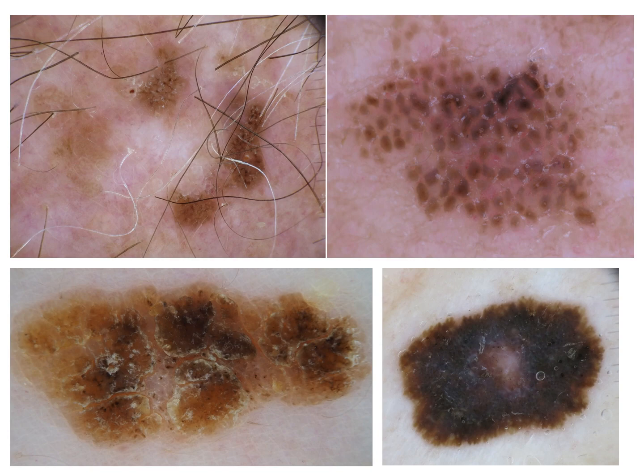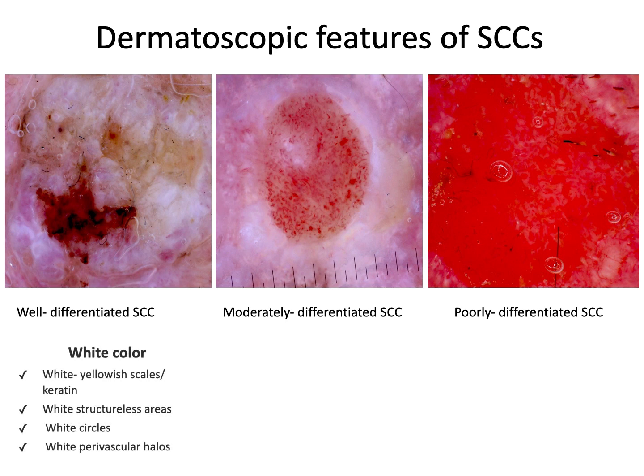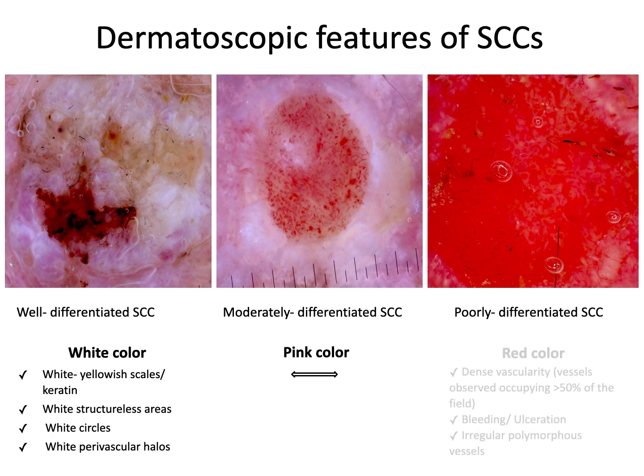However, non-typical cases do exist, including the few subtypes mentioned before, and unusual patterns of SEBKs have been described that may in fact mimic malignancies such as melanoma, basal cell carcinoma, and squamous cell carcinoma. Correspondingly, the dermatoscopic features of invasive SCCs have also been well described, and they mainly depend on the grade of histopathological differentiation. More precisely, in well-differentiated SCCs, white is the predominant color as a sign of keratinization.